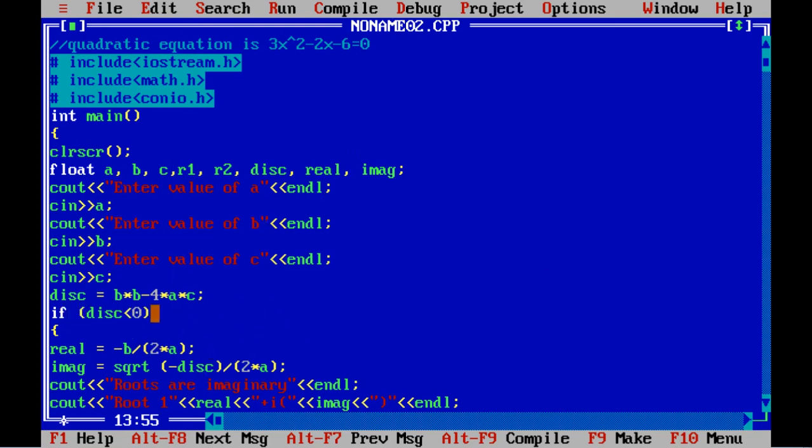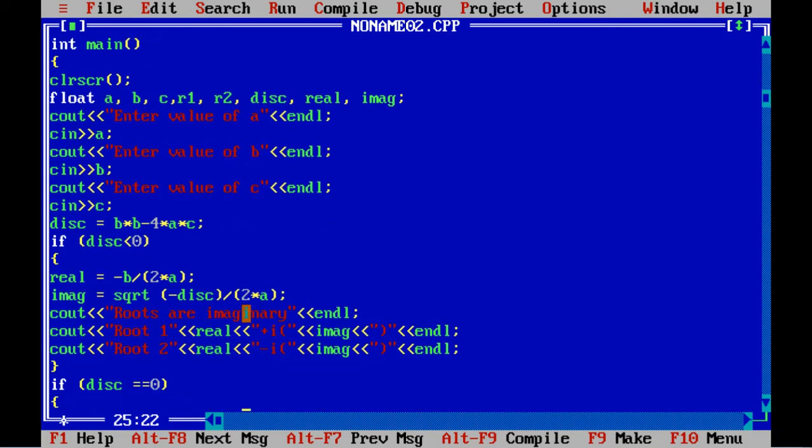First of all, we check the condition when the disc is less than 0. When the disc is less than 0, the roots would be imaginary. So the real and the imaginary parts have been declared.